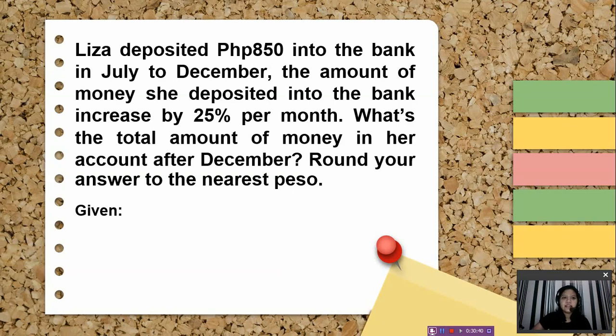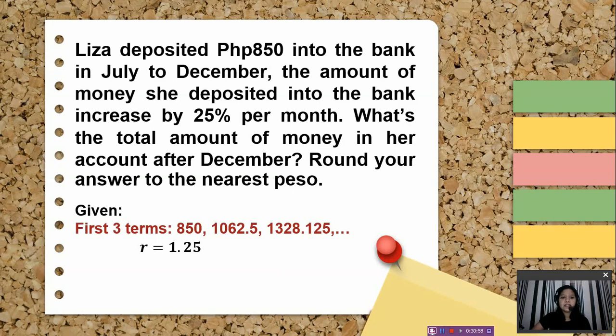So, let's identify the given first. We will have first three terms as 850, 1,062.5, 1,328.125, and so on. How did we get that? Our R would be 1.25.